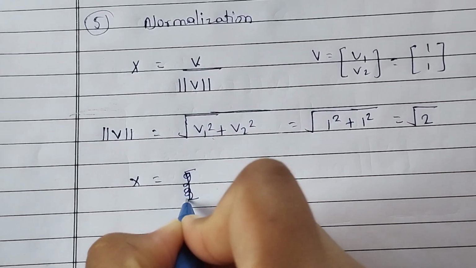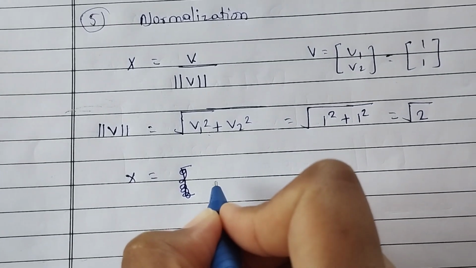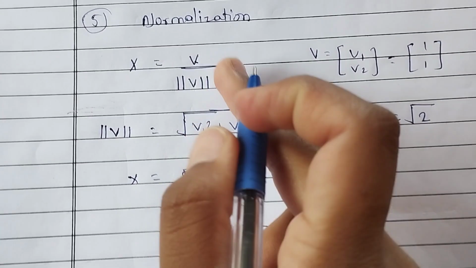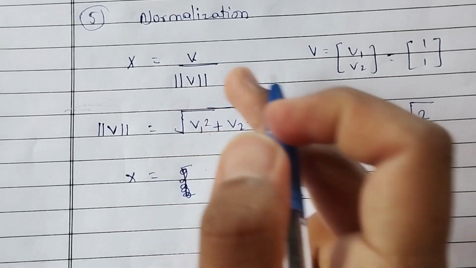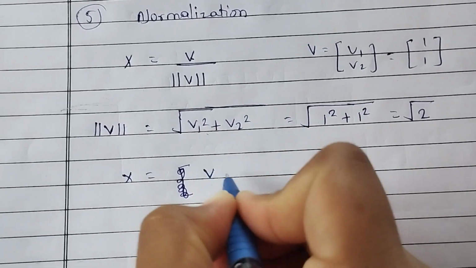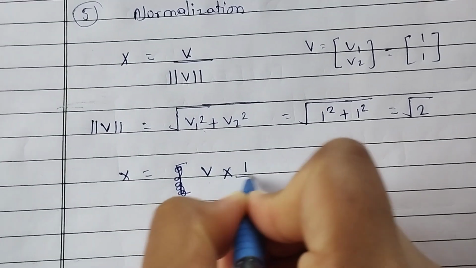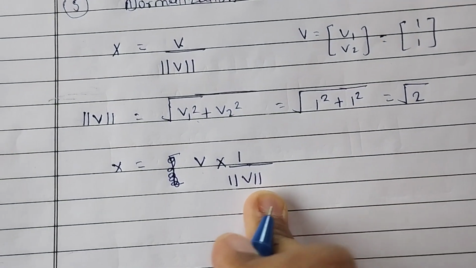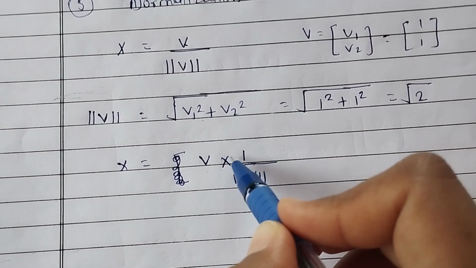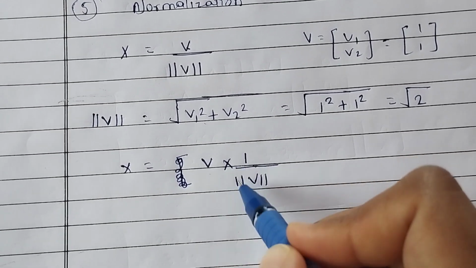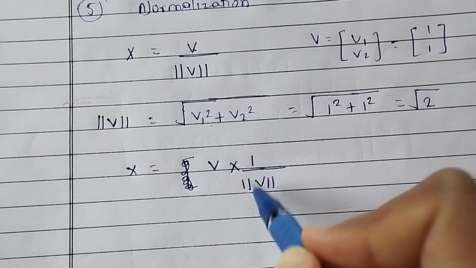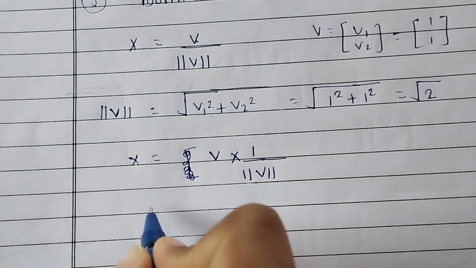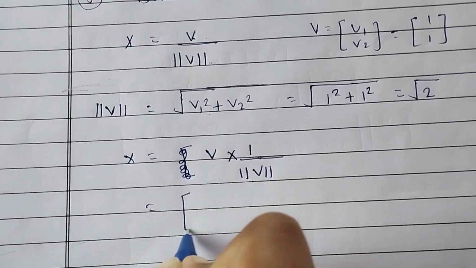So we perform it step by step so you get the idea. So this v divided by absolute of v is nothing but v into 1 upon absolute of v. Yes, am I right? This is also v divided by absolute of v. Now just put the values.